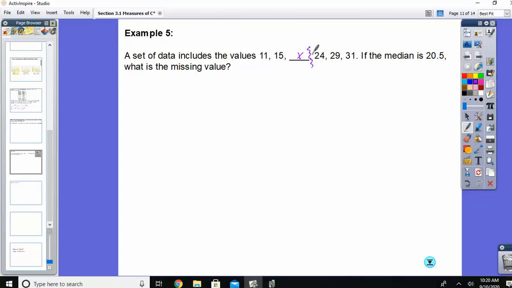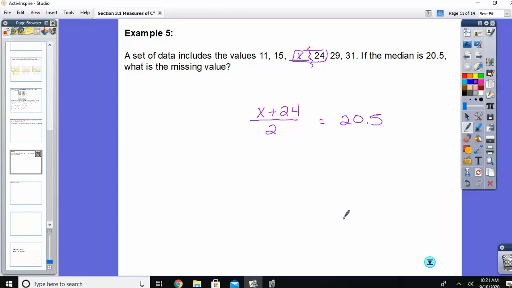So if there's not just one, you have to take the one on either side and find their average. Add them up and divide by 2. And what should I get for my answer when I do this? What is the median? 20.5.